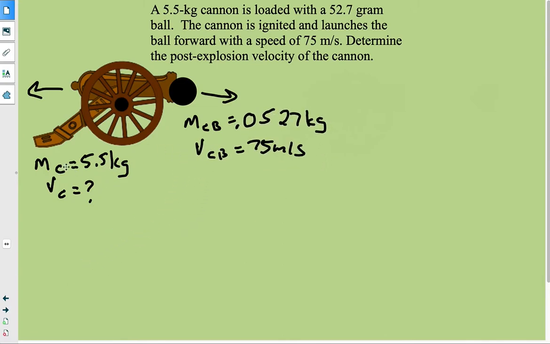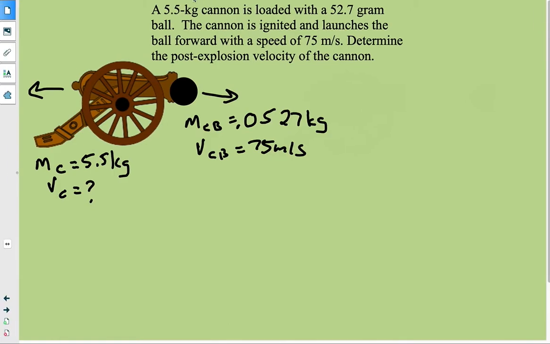All right, and this m times v, the mass times velocity for the cannon, has to equal the mass times the velocity for the cannonball. So I would have the mass of the cannon times velocity of the cannon. That has to equal the mass of the cannonball times the velocity of the cannonball.